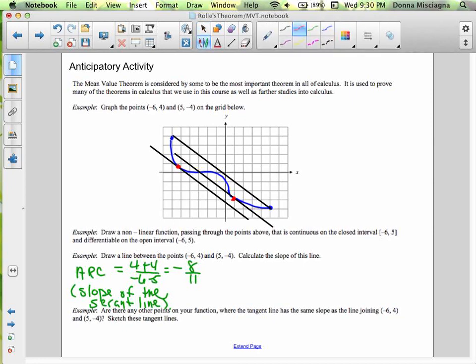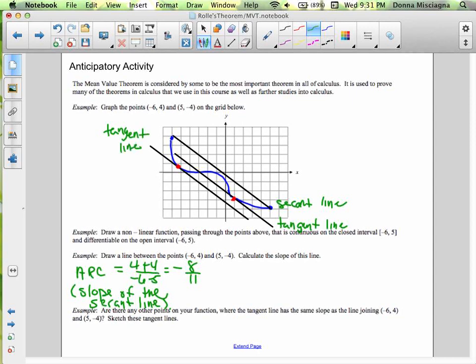So this first one was the secant line. This one was a tangent line. It's only intersecting one time. This one here is also a tangent line.